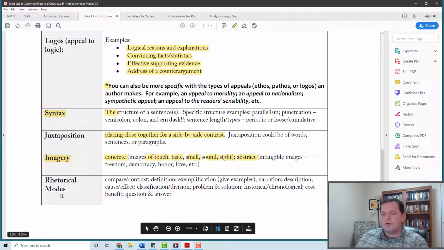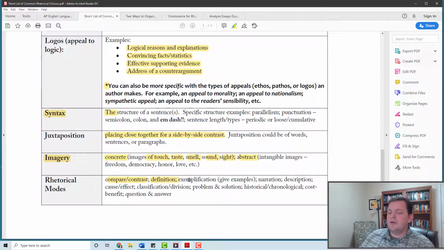Then rhetorical modes. So these are different techniques that are used in writing, and any one of these can be analyzed. So you can talk about the author's use of comparison contrast. You can talk about their use of technical definitions, their use of exemplifications, where they give examples of specific situations. You can talk about their use of narrative.